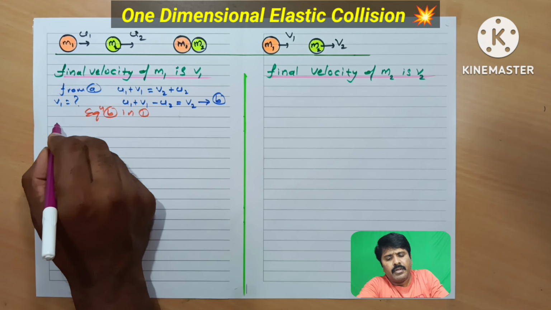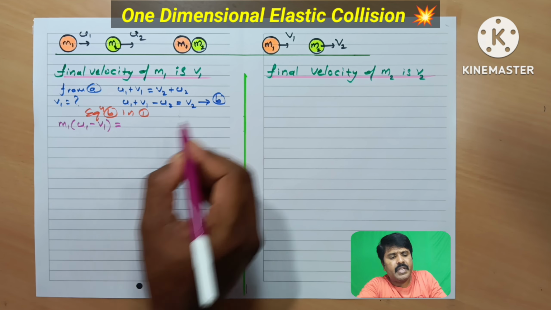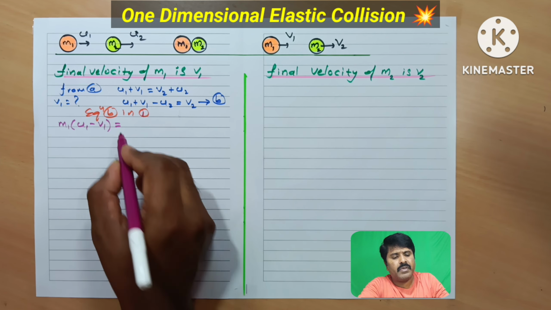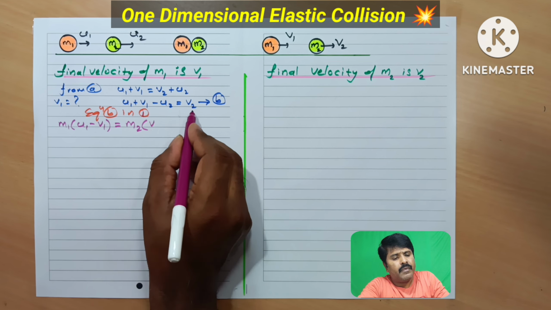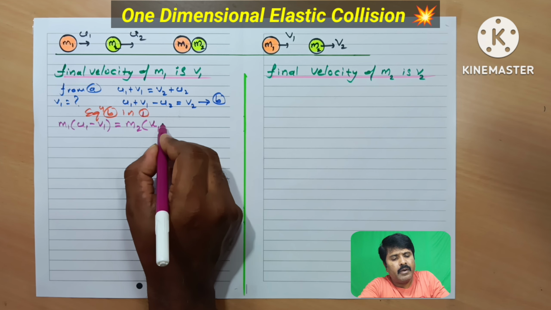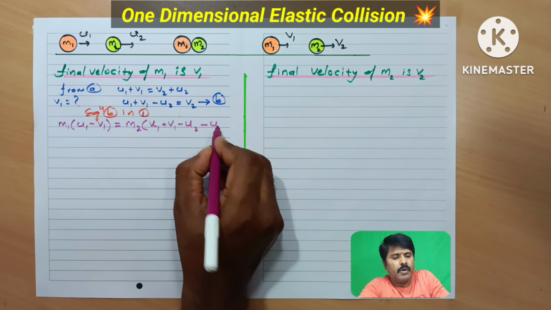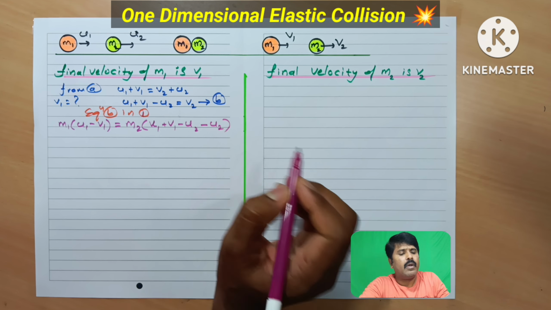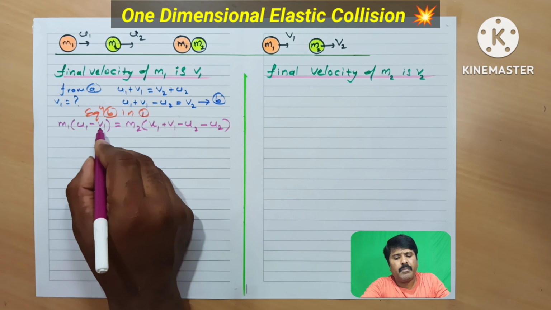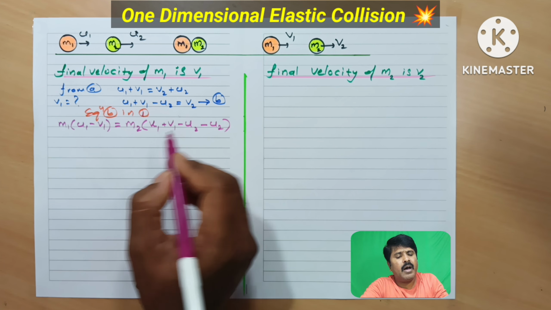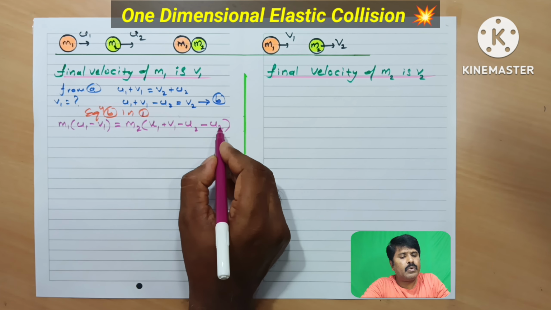Okay, and next step, substitute equation number B in equation number 1, student, and the derivation continues here. See, m1 of u1 minus v1 is equal to, first equation, sorry, m2 of v2, where the value of v2 is u1 plus v1 minus u2, into minus u2. Once again, m1 of u1 minus v1 is equal to m2 of u1 plus v1 minus u2 minus u2, student.